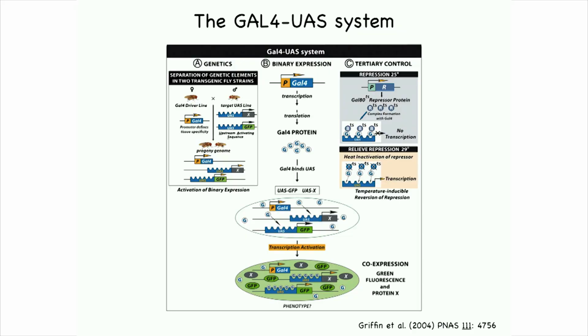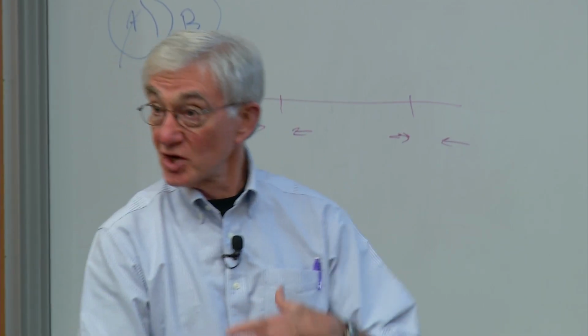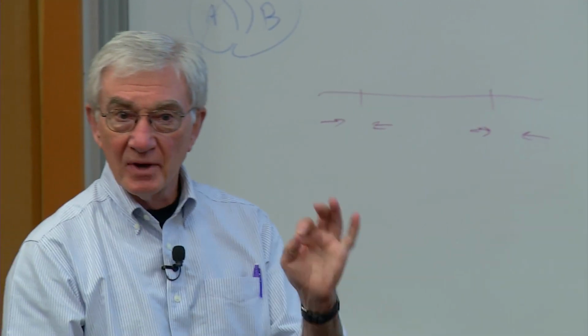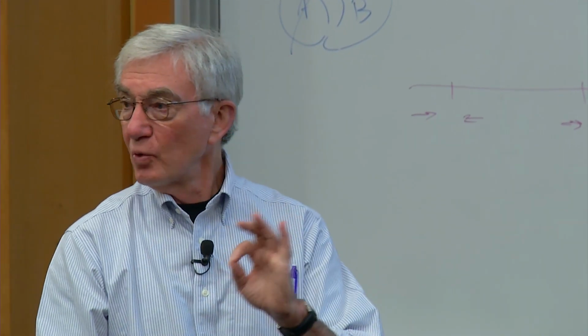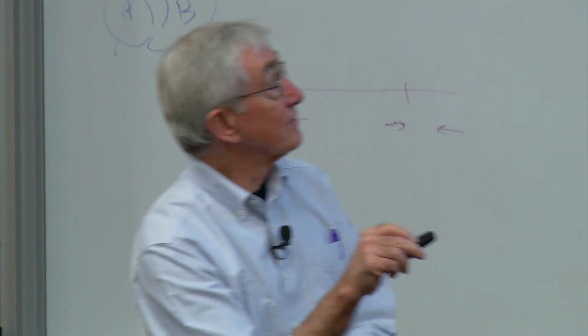And the temperature differential here is only 4 degrees, from 25 up to 29. You can get temporal control of these genes within the laboratory by using a heat shock to turn a gene on. So you have exquisite control over when and where a transgene is active within the flies.